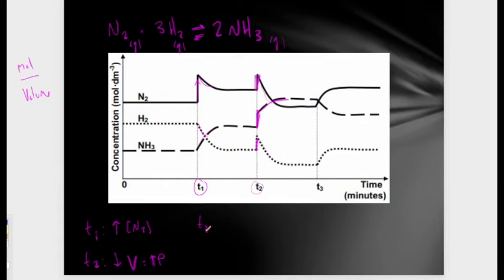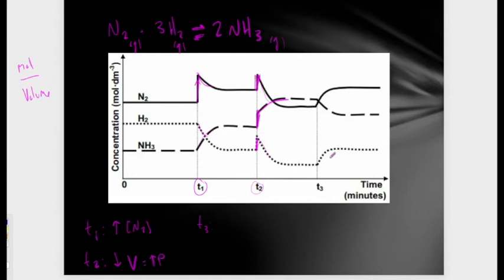And then at T3, I could predict that there's probably some temperature change because there's no dramatic jump. They don't all change dramatically.